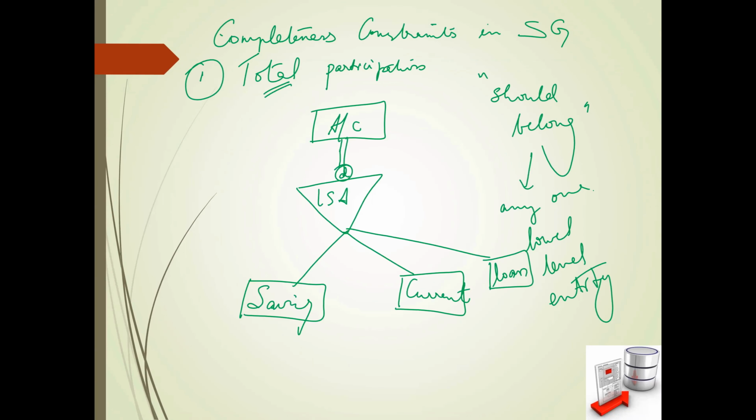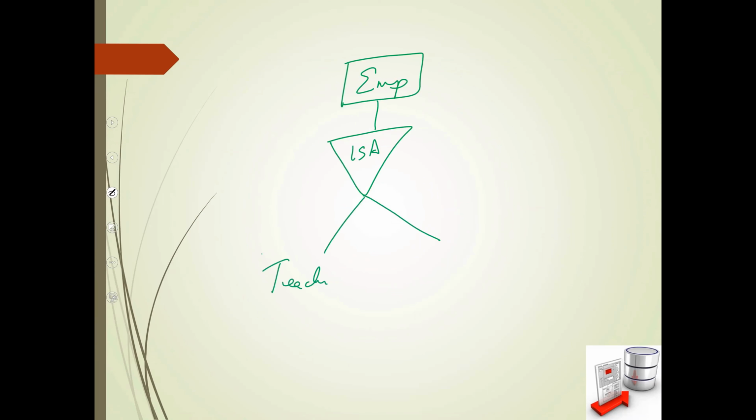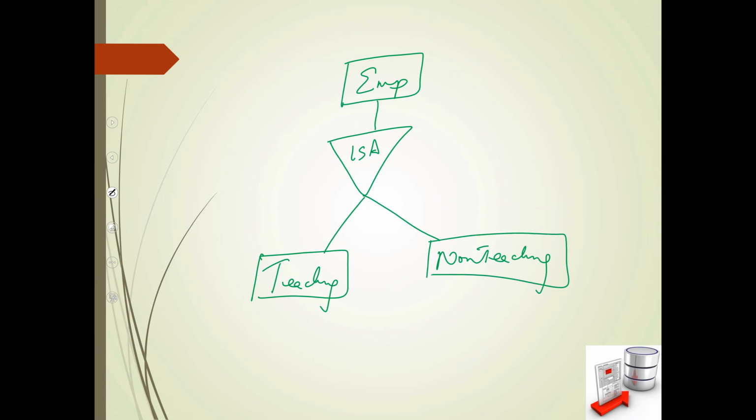Okay, let's think about employees in a college. They'll either be teaching faculty or non-teaching faculty. Attributes will be different for both. If you think about employees in the college, an employee should be either teaching faculty or non-teaching faculty.